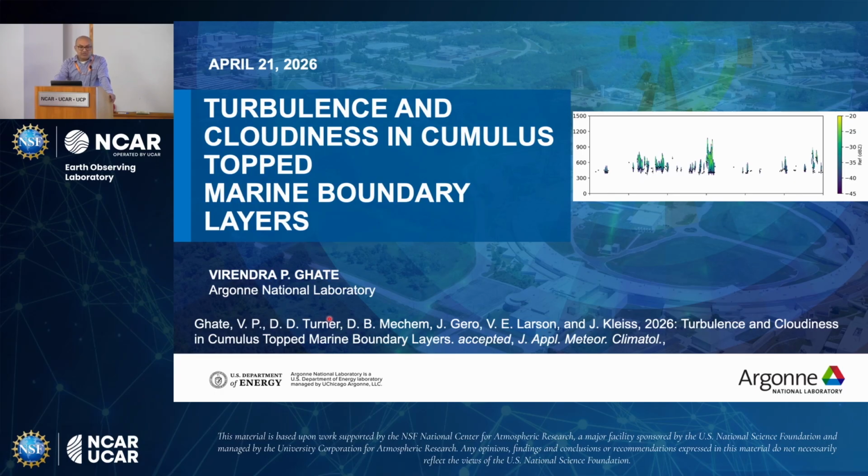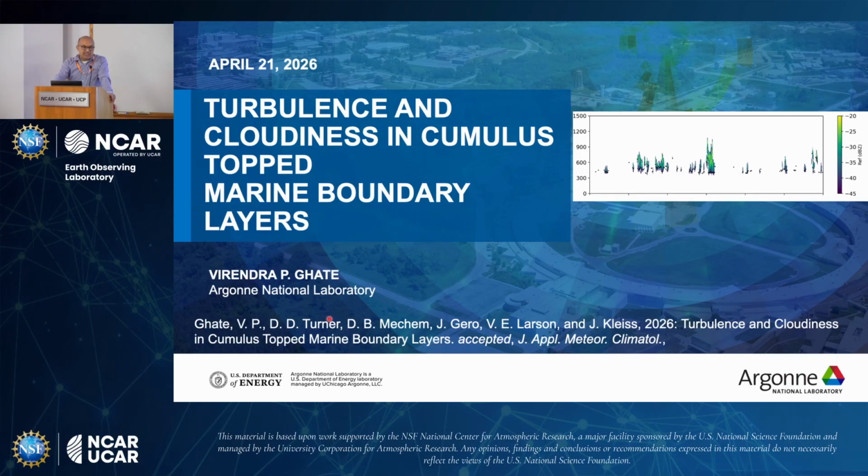Jonathan Gero is a scientist at the University of Wisconsin in Madison, and he's an expert in instrumentation and also interferometry. And Vince Larson is a professor at the University of Wisconsin at Milwaukee, so it's a separate branch of the University of Wisconsin. He's an expert in cumulus parameterizations for large-scale models, with a long history in that.